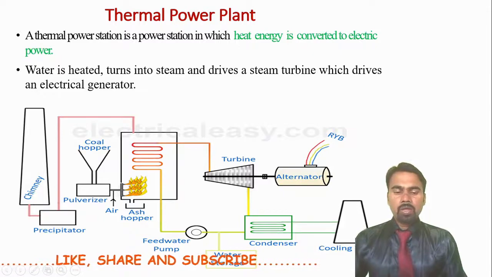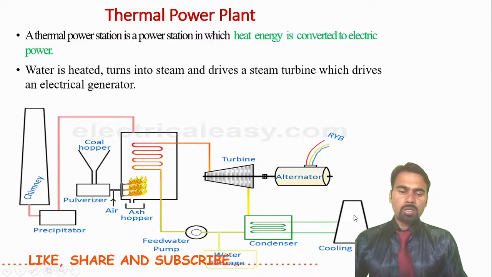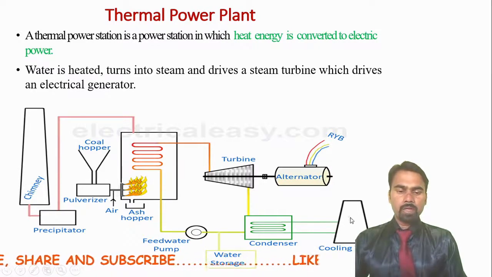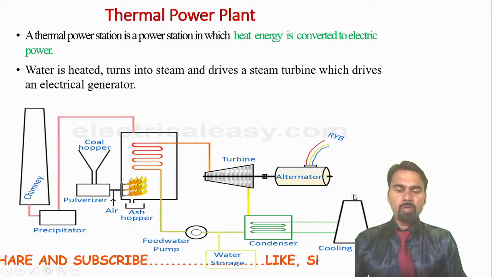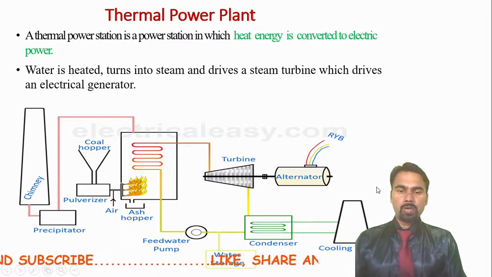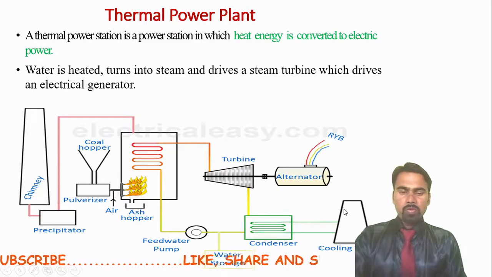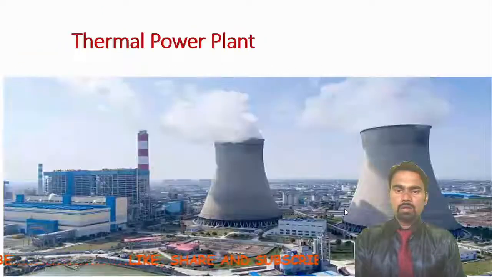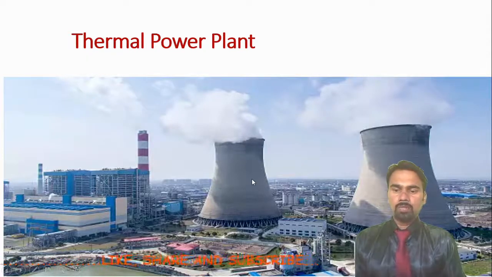And because of the natural draught here, the water again becomes cold, and this vapor form of liquid we release into the atmosphere, right? Just now we saw it in the first diagram here. Yes, this is a cooling tower. Okay, these are the two cooling towers where the vapor form of liquid we are releasing into the atmosphere.